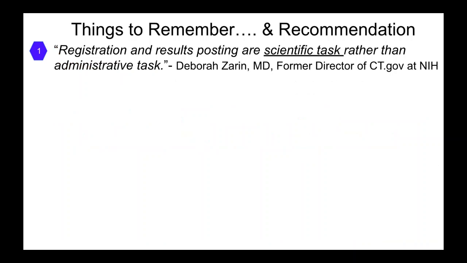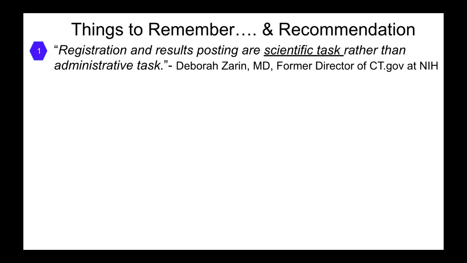So here are important things to remember. CT.gov registration and results posting are scientific tasks rather than administrative tasks. They require basic epidemiological and statistical knowledge, especially for the outcome measure section at the time of study registration and results reporting. Since one section of CT.gov is a scientific task, when you do data entry for the PI, you should ask yourself if you are a scientist.